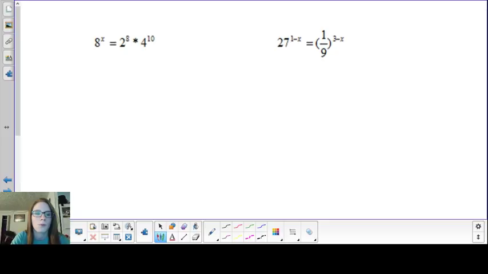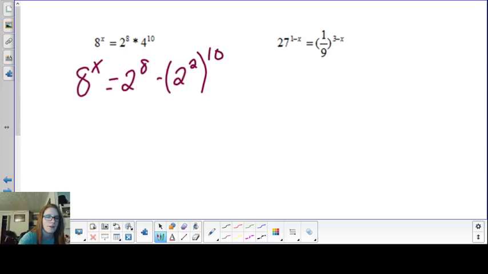So, since I don't have the same bases with this first problem on the right side, I need to try and get it so it's one term by itself. I know I can turn 4 into 2. So I'm going to try to get the right side all equal to one term. So I have my 8 to the x. I have 2 to the 8, and I know that 4 is 2 squared.